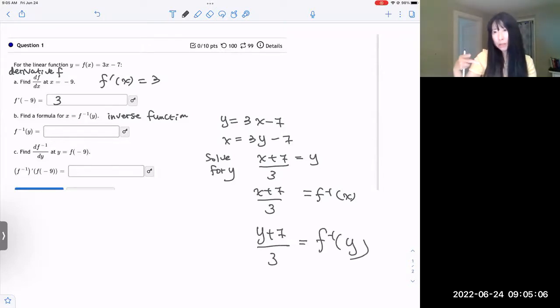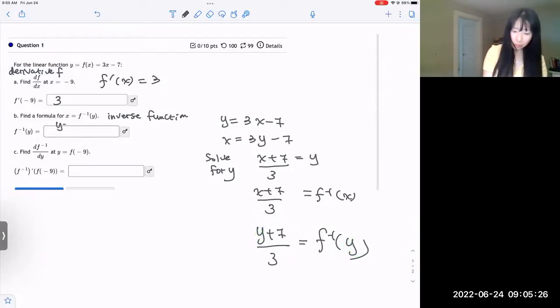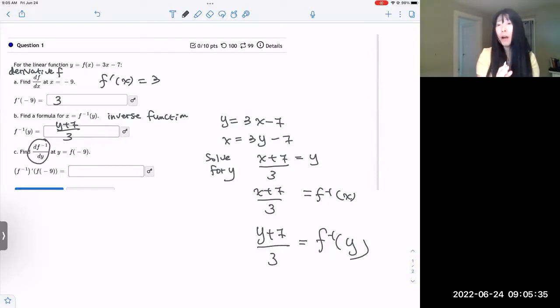Can you see the difference between the x here and y? If we are using the x variable, then everything should be x. Since the homework asked us for y, we write it as y. All right, this is the answer. This means we want to find the derivative of the inverse function, right?